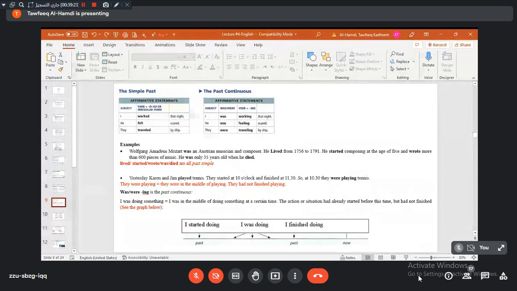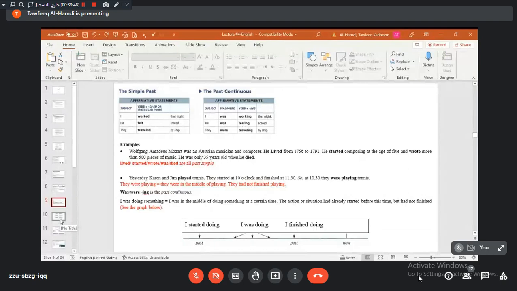Another example about using simple past and also past continuous. We can say, for example, yesterday Karen and Jim played tennis. They started at 10 o'clock and finished at 11:30.